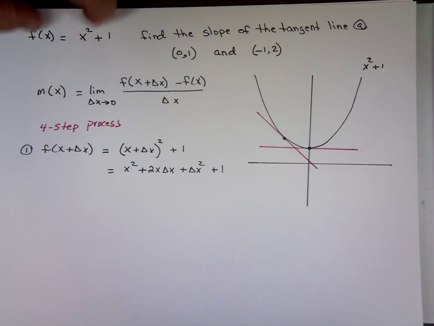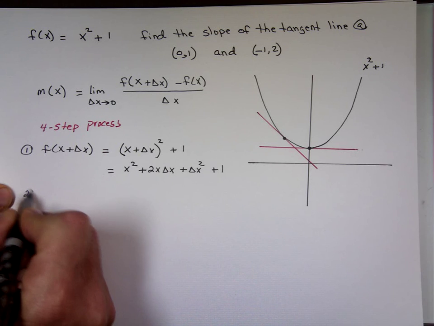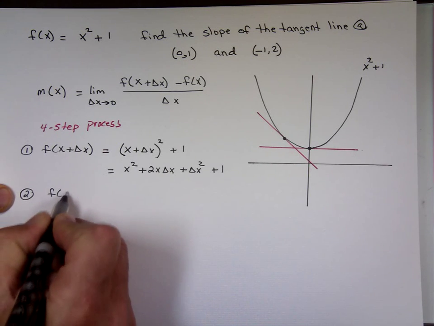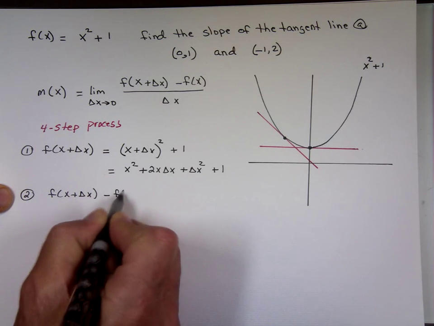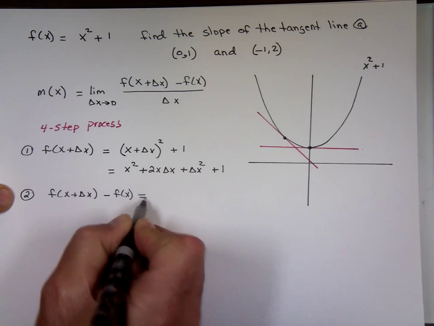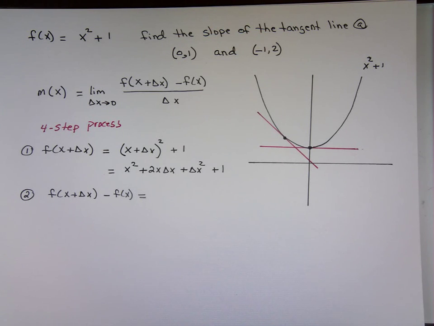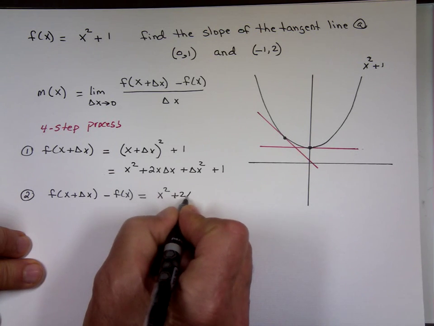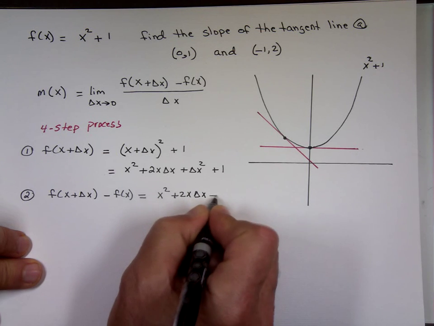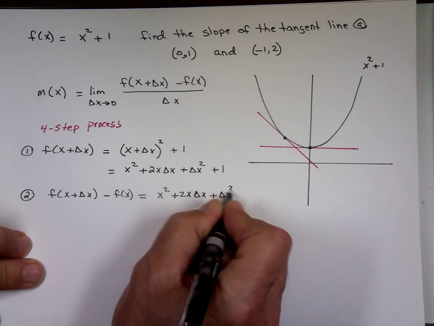So step number 2, let me find f of x plus delta x minus f of x. F of x plus delta x is equal to what? x squared plus 2x delta x plus delta x squared plus the 1.